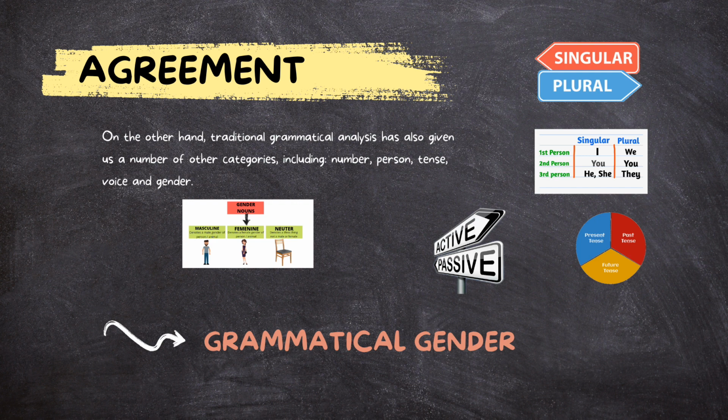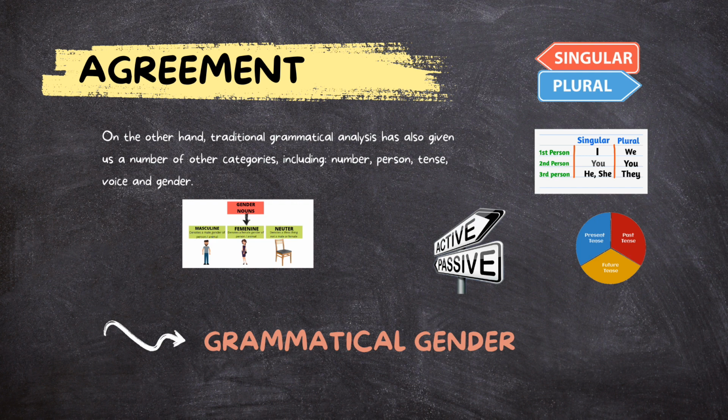Their role is the correct use of these for the best agreement in a sentence. For example, we say that the verb drives agrees with the noun John in the sentence, John drives his car. Can you give me another example of agreement?